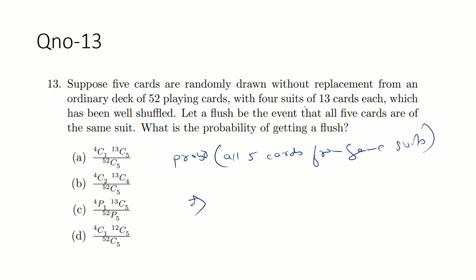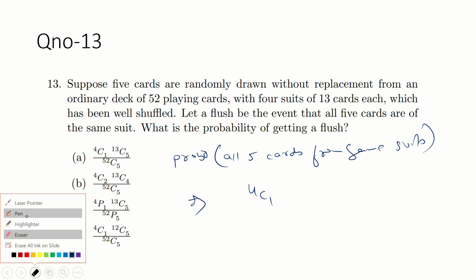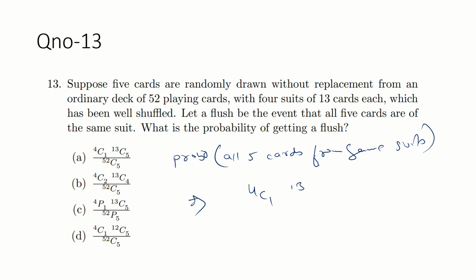So guys, so easy. There are total 5 cards. So 4C1. And what is the remaining? That is 13C5. Guys, there are 13 cards each, there are 4 suits now.